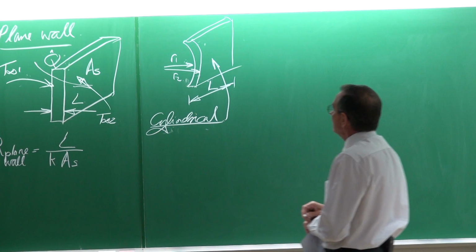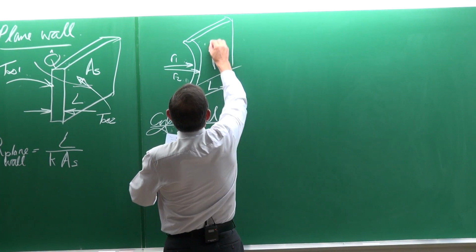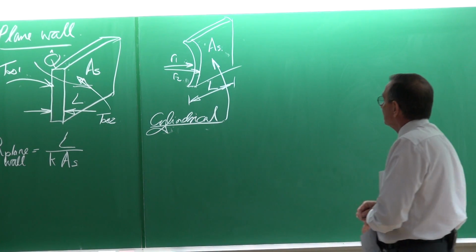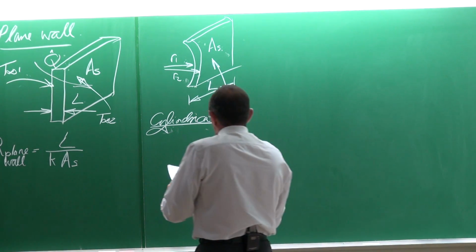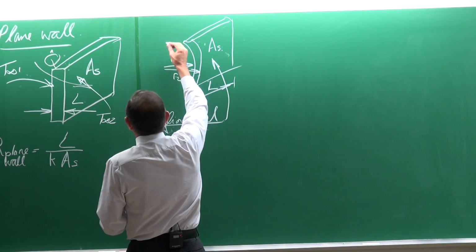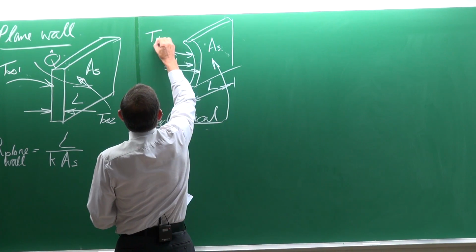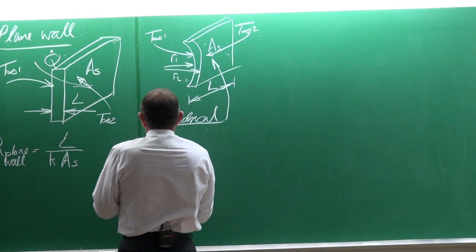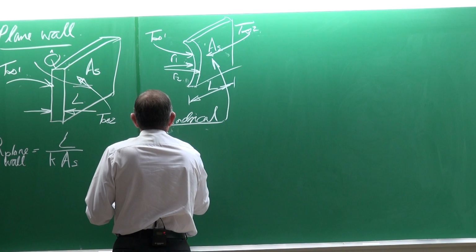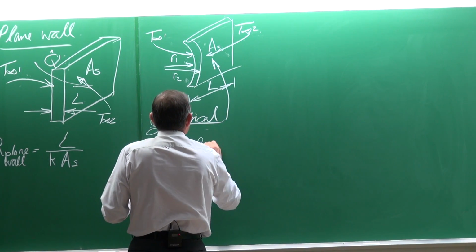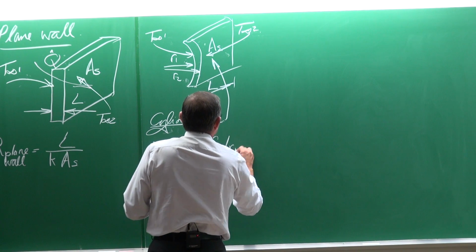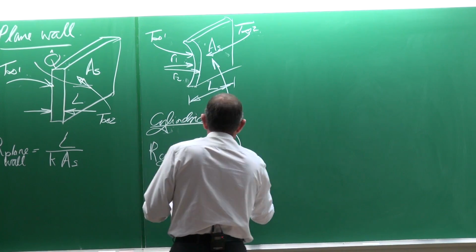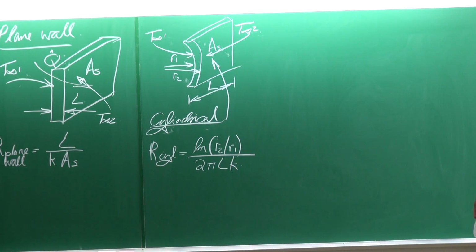And again, there's a surface area AS, which will be the outer diameter multiplied by the length. And for that case, again there will be a temperature T infinite 1 there, and a temperature on that side of T infinite 2. And then for this case, the resistance of a cylinder can be written as ln of R2 divided by R1, divided by 2 pi L k. I hope you remember that.